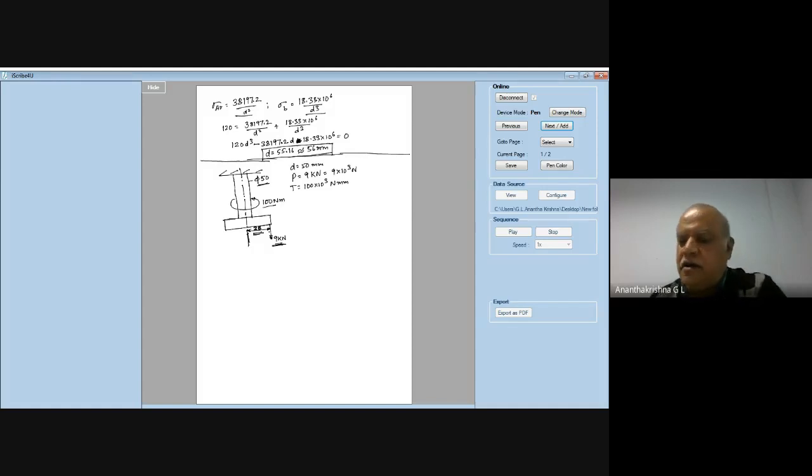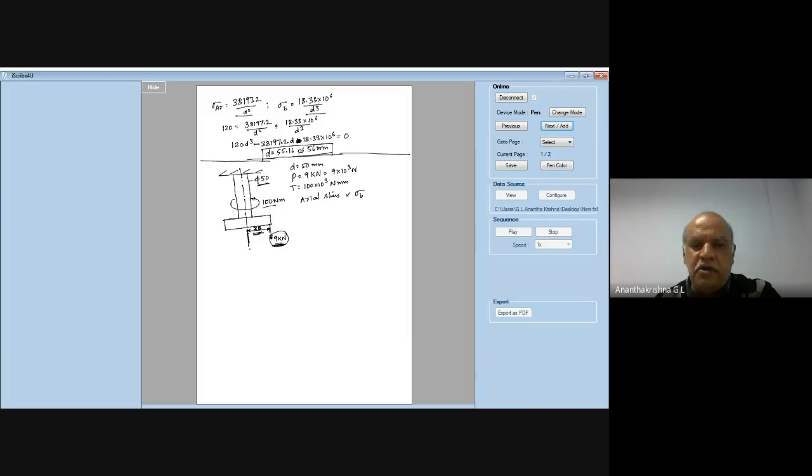One thing here is that you have 9 kilonewton acting at a distance of 28 mm from the axis. So you will have axial load, axial stress, and also bending stress because of the 9 kilonewton.